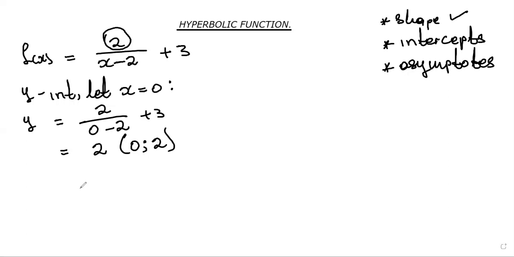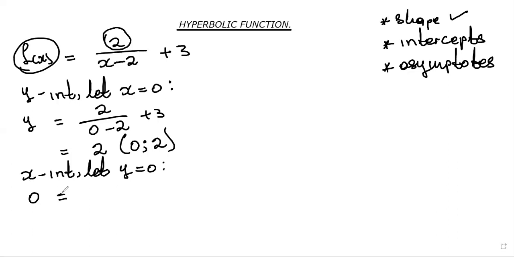That's fine. But if I'm looking for the x-intercept, I need to let y be 0, like that. We know that f of x is y, right? So where you see f of x, you see y. In this case, you see 0. So it's going to be 0 equals 2 over x minus 2 plus 3, like that. When you get to this point, you must solve for x.